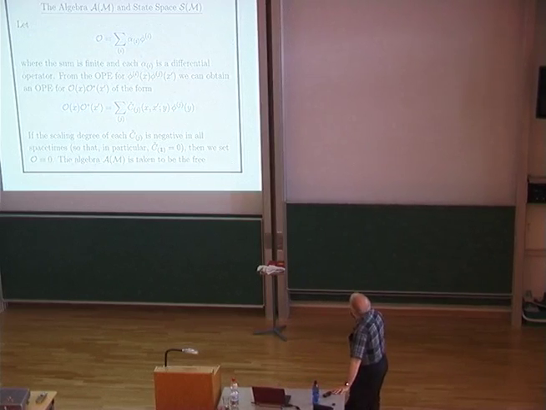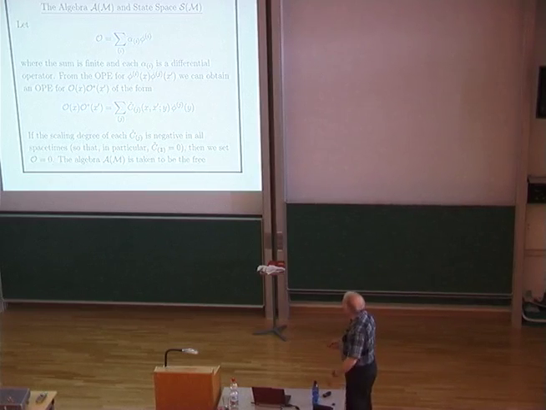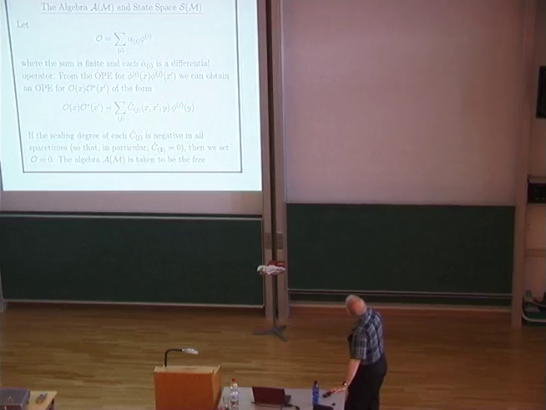Now, we get relations in the algebra, which might be things like field equations for the field. It might be other relations that occur for the fields. Those arise, in our way of thinking about it, only from operator product expansion.